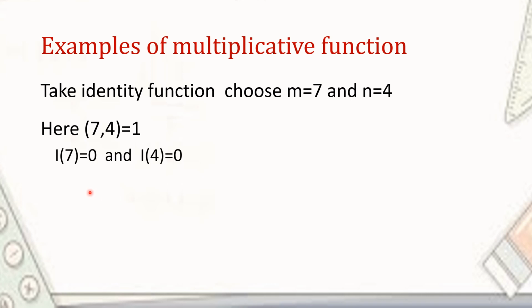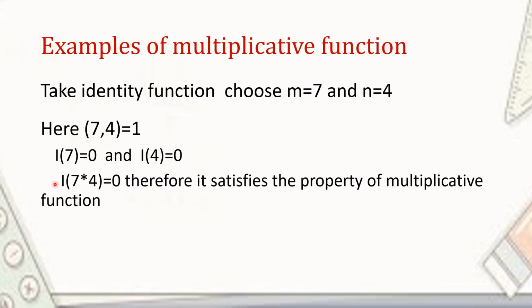The integer part of 1 by 7 is 0, which means the identity function of 7 is 0. I of 4 is also 0. Then the identity function of 7 into 4 is equal to 0. Therefore, it satisfies the property of a multiplicative function, which is that the identity function of 7 into 4 is equal to the identity function of 7 into the identity function of 4.